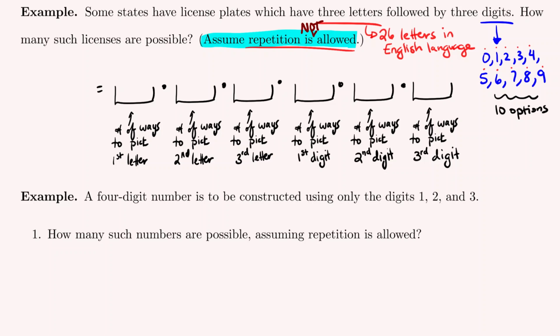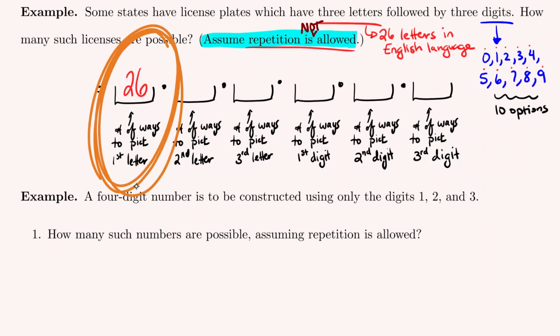So take a moment to think to yourself, how many ways could we pick the first letter if we're picking from the 26 letters of the English alphabet? There's 26 ways. Any of the 26 letters we could pick first. Now keep in mind, in this problem, of the 26 letters available, we have now used one of the 26 letters as our first letter.